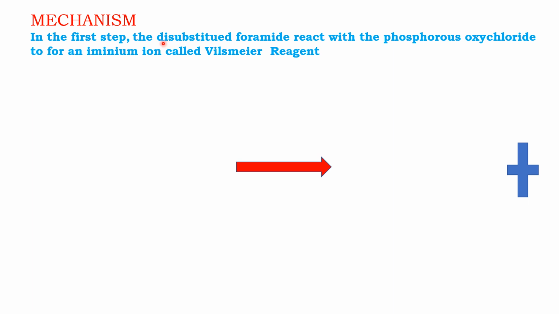Now we could use any disubstituted formamide. It reacts with phosphorus oxychloride in the first step to produce an intermediate, an iminium ion. This iminium ion formation is the first step of the mechanism.